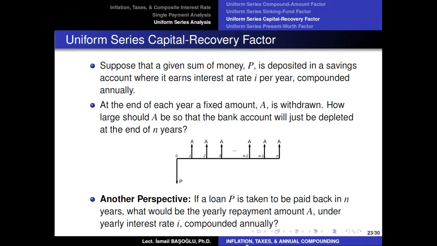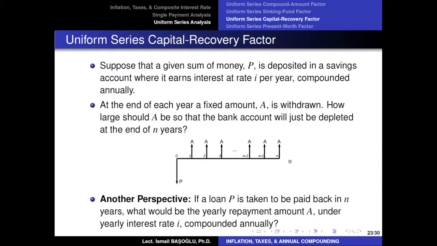So another perspective to explain this problem is this. Suppose that you have gone to a credit company or a bank and you have taken a loan of P. So we are drawing this cash flow diagram from the bank's perspective. So the bank has given you a loan of size P, and you are going to pay your loan or pay your debts in n years.